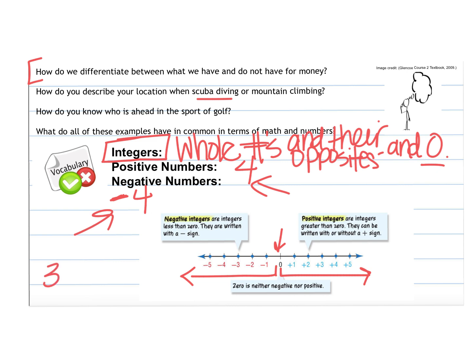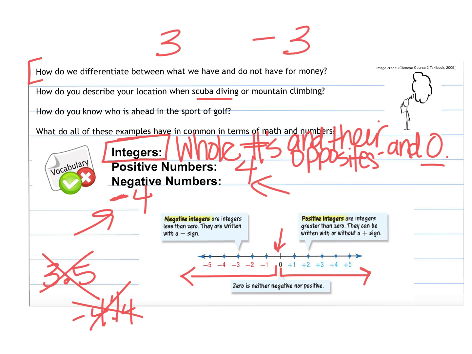So 3 and 5/10 would not be an integer. -4 and 1/4 would not be an integer. It has to be a whole number, whether it's positive, negative, or 0. And when we say opposite, we mean 3 and -3, 10 and -10, -20 and 20, and so forth.